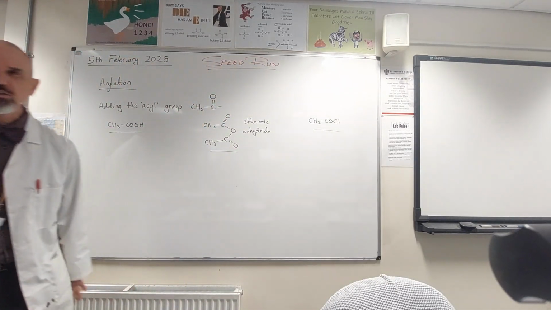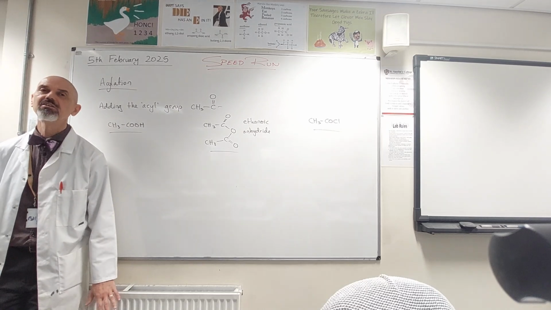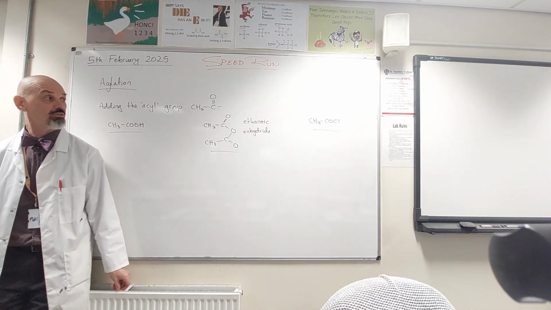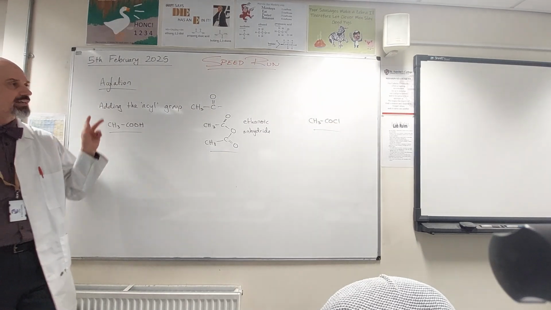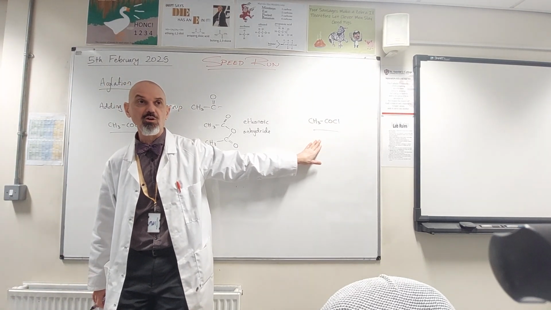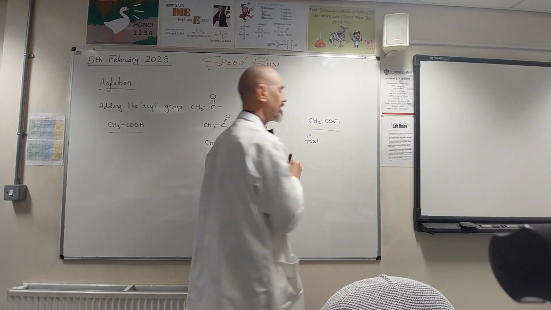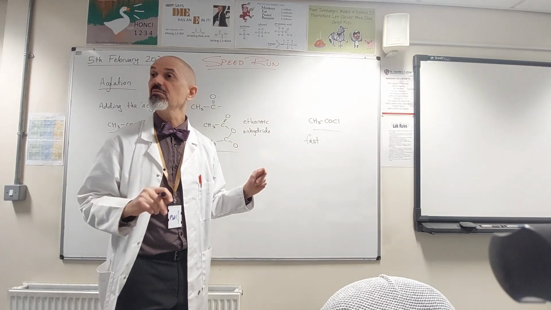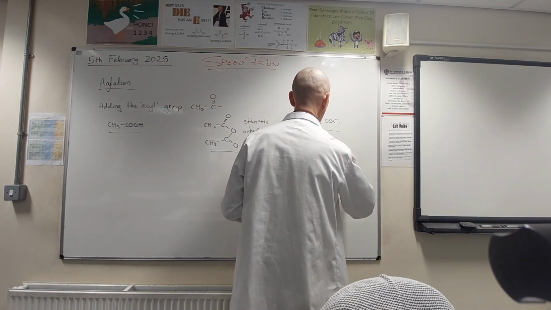So when we look at the pros and cons of using these three different reagents for adding an acyl group, what are some of the benefits of using an acid chloride? I just mentioned a couple already. Fast. Yeah, doesn't hang around in equilibrium. No catalyst required.